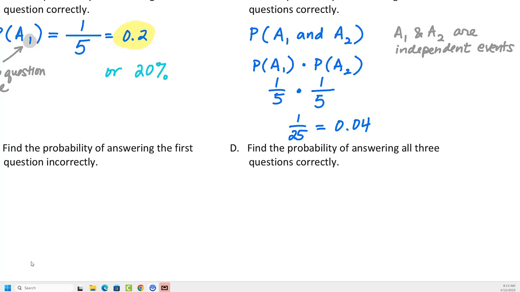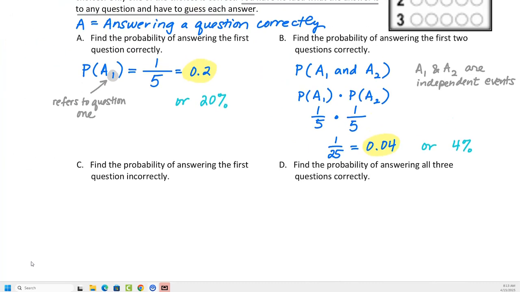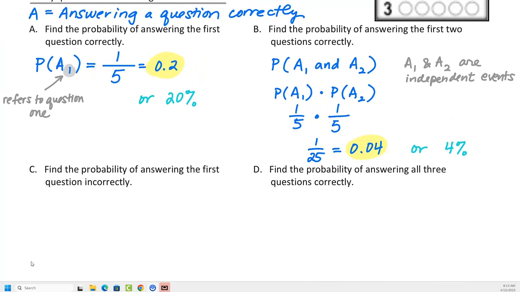We like our answers in decimal with this curriculum. Or we could say 4%. Are we okay with that one?